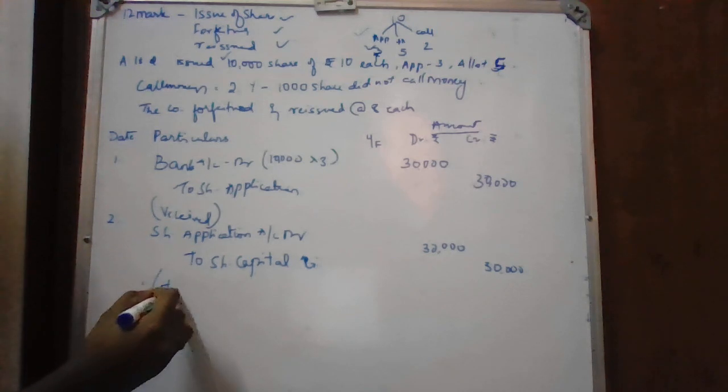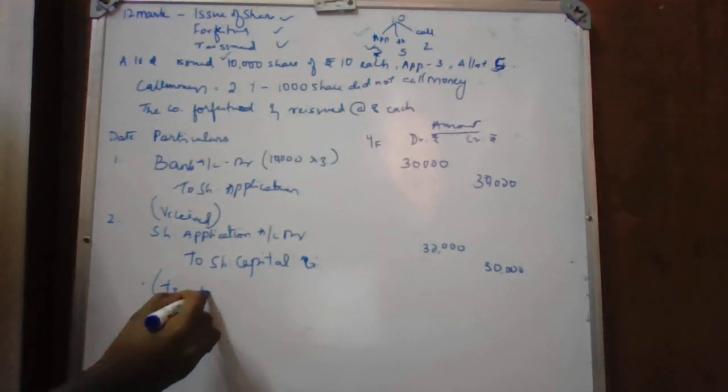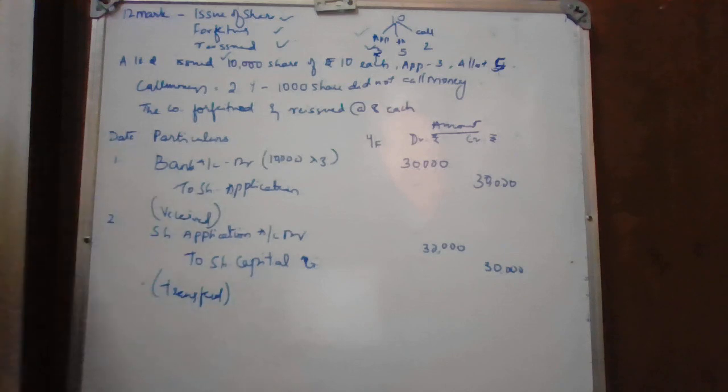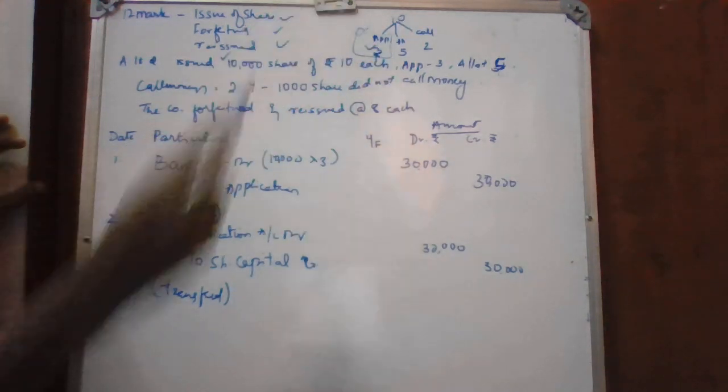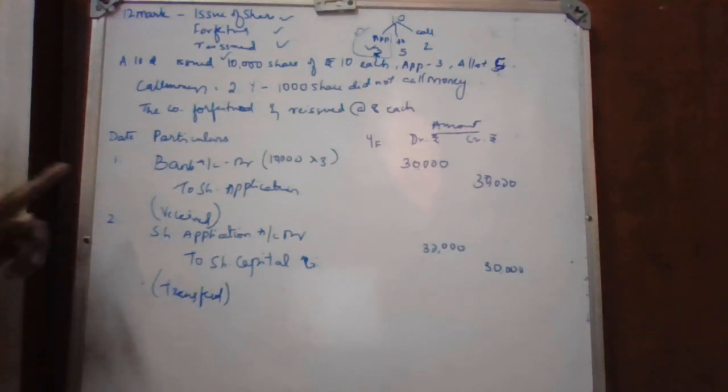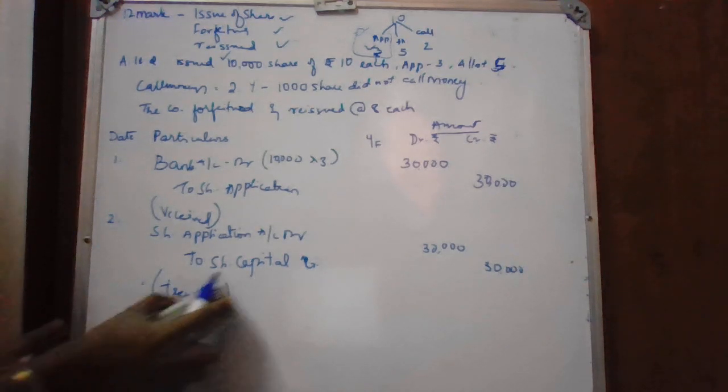Being share application money transferred to share capital account. The narration shall be. Next, we shall see allotment stage. So, complete application stage is done. First, you will receive when you're issuing the application and you will be transferring it to share capital account.